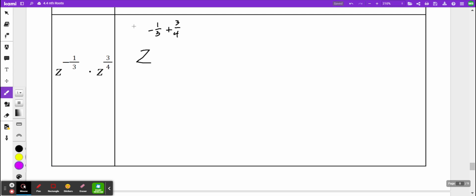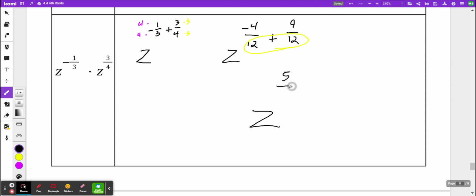So if I do that, I should get numbers that I can actually add together. Because I want z to the negative 4/12 plus 9/12. The 12th is my unit of measurement right here. And if I add these together, I should get z to the 9 minus 4, which is 5/12.